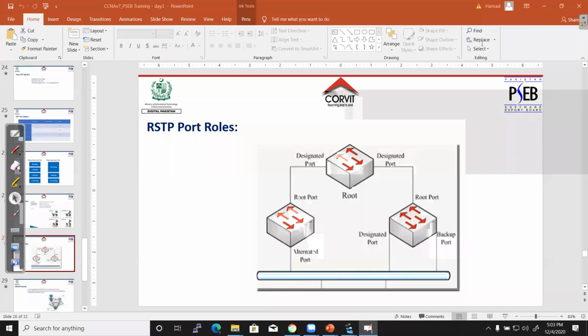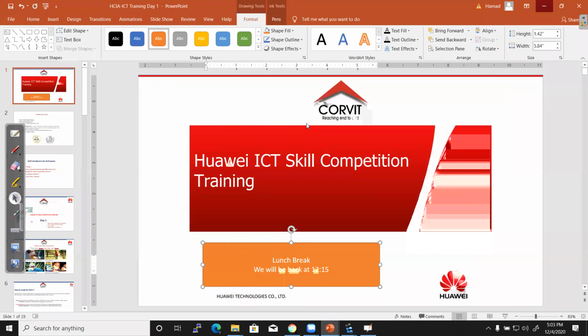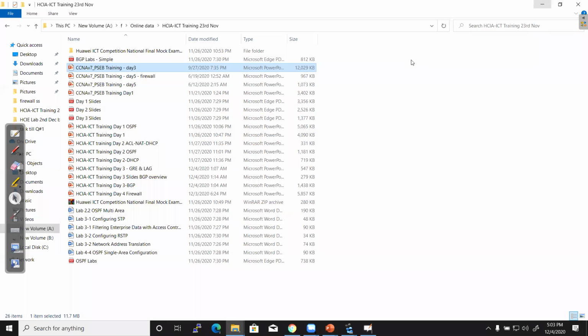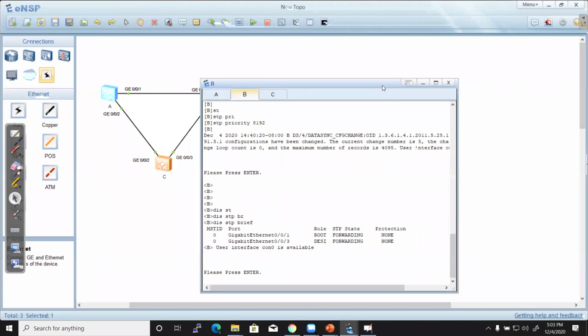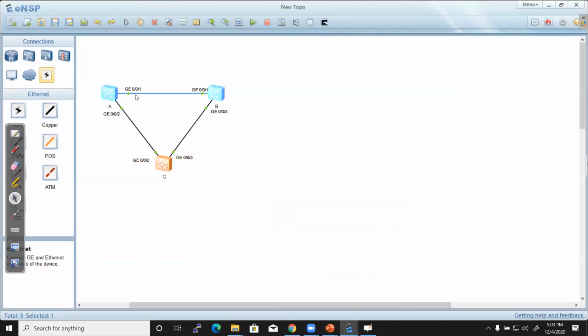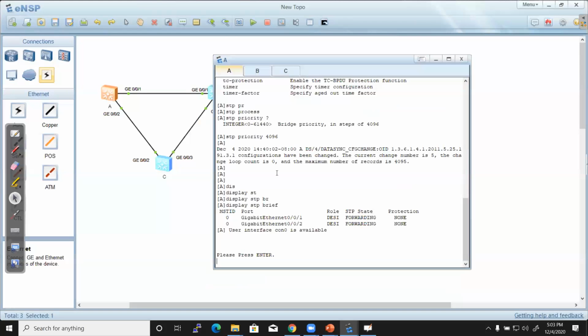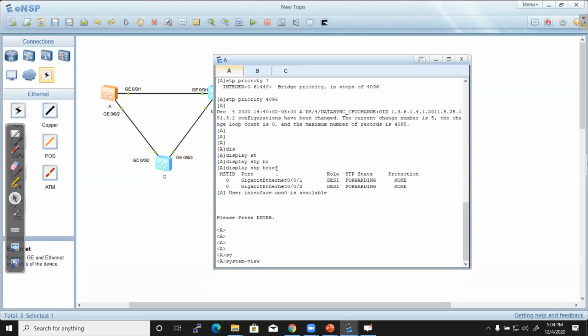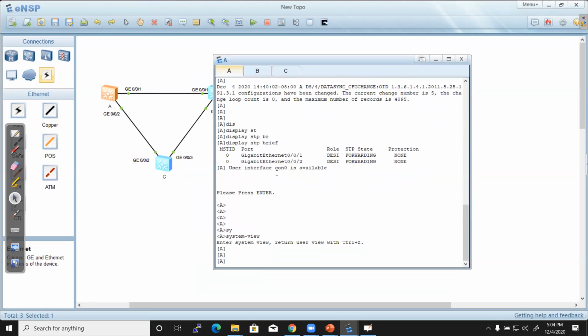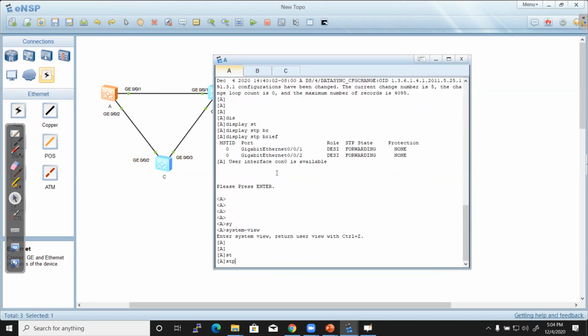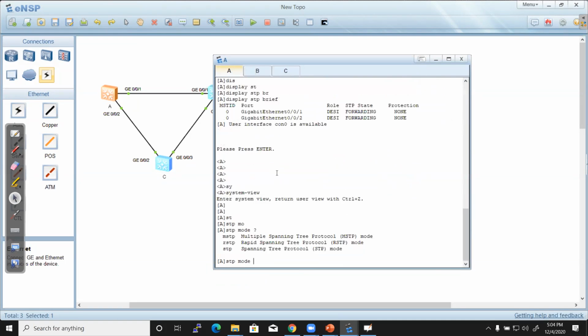And what are the general configurations we need to perform first? For example, if I'm accessing this switch, we'll change the mode of STP. For example, stp mode, and I'm putting the question mark. You can see I can run any flavor of STP.